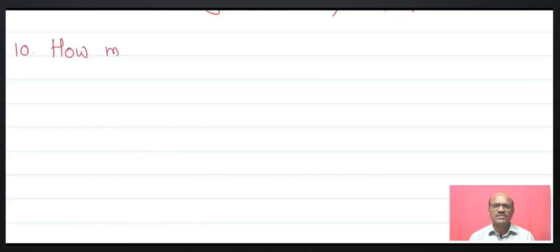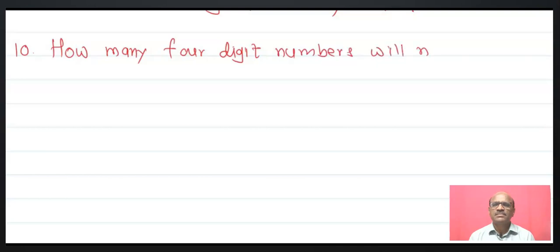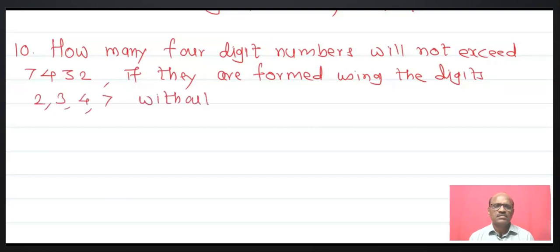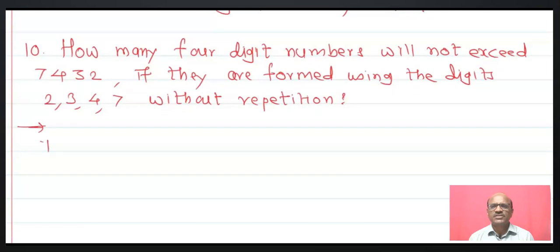Now the question number 10. How many 4-digit numbers will not exceed 7,432 if they are formed using the digits 2, 3, 4, 7 without repetition?